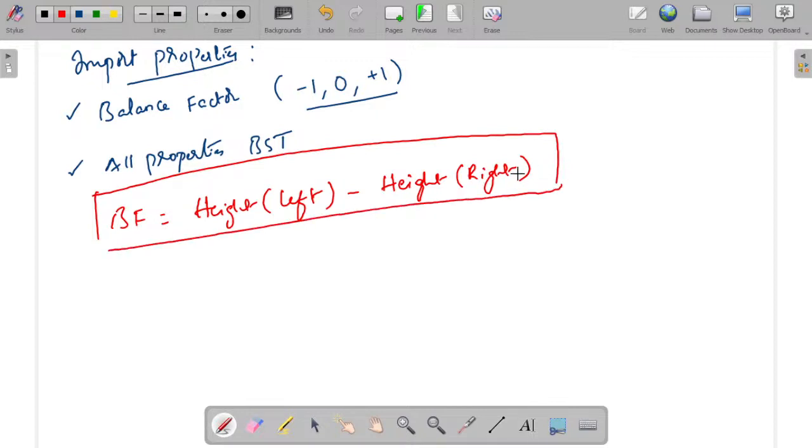Okay. So I believe you already have an idea what height is. The height of a node can be found like this: the distance, or the number of edges, between that node and its deepest child node.